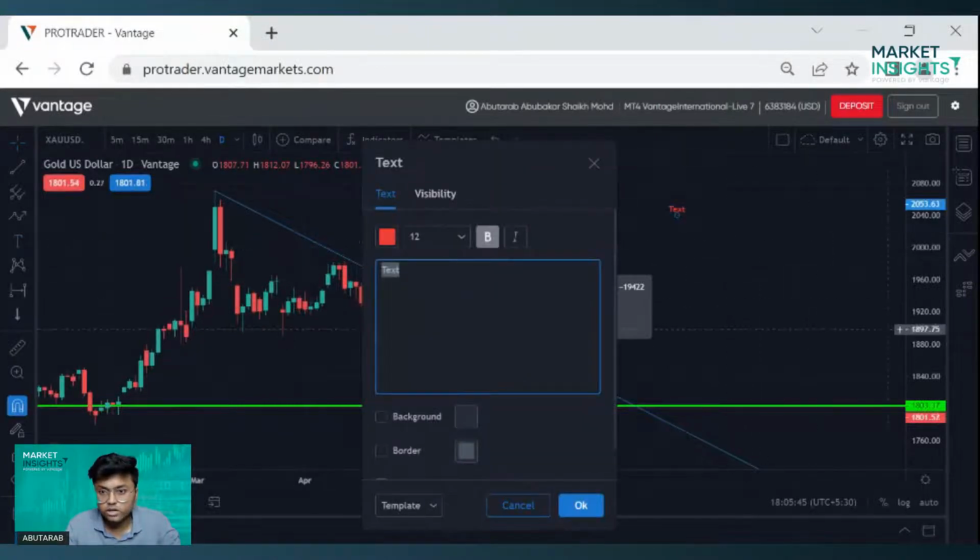Please note it down. We do not want real bodies above or below the trend line.